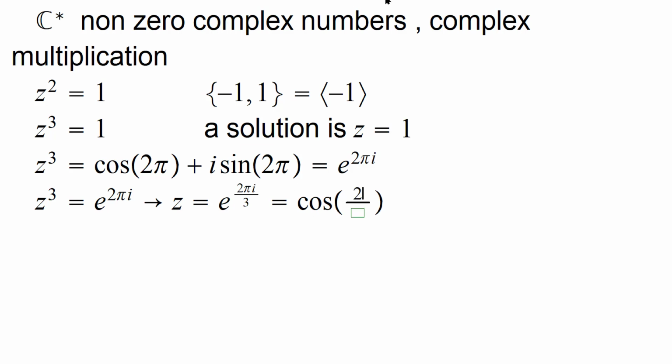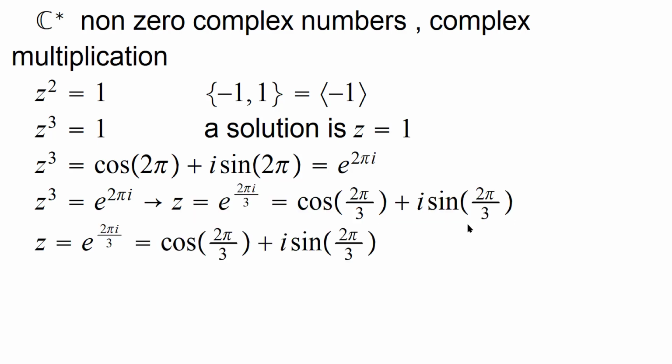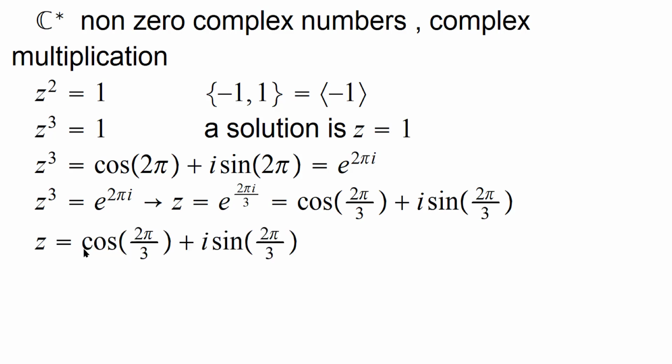So this is cosine of 2 pi over 3, again by Euler's formula, and then i sine 2 pi over 3, right? That's a complex root. So one value of z is 1, and another value of z comes out to be this much, right?